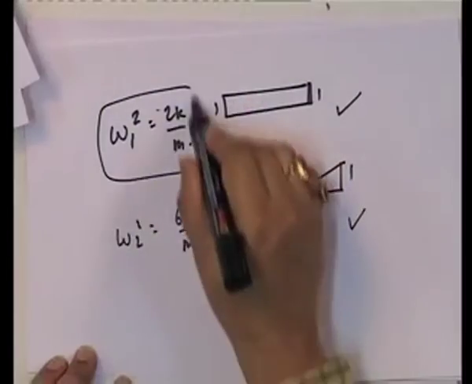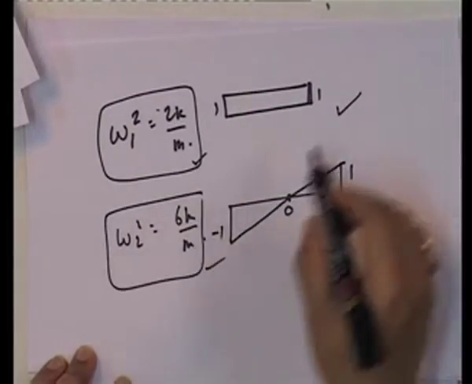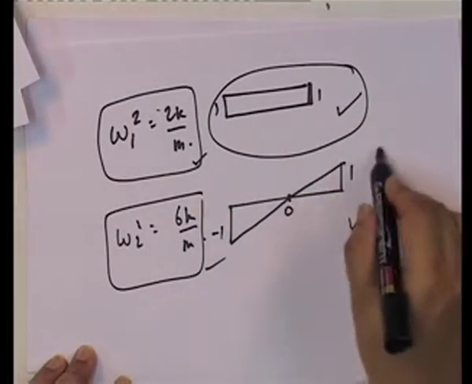So, I chose first Vx and V theta as the 2 degrees of freedom. Mass matrix was completely different from when I chose V1 and V2. Even the K matrix was completely different, but then when I solved the eigenvalue problem and found out the frequencies and mode shapes, both of them gave the same omega 1, same omega 2 and the same shapes.